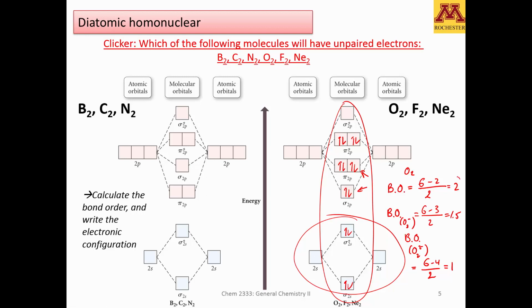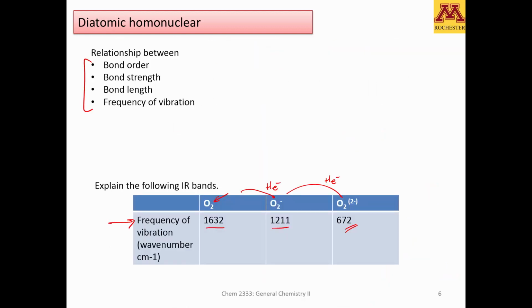So as you see, the bond order decreases as you add electrons in the anti-bonding. That's important. If you were to add electrons in the bonding, the bond order would increase. So there you go. This bond order is 2, this bond order is 1.5, and the bond order for this substance is 1.